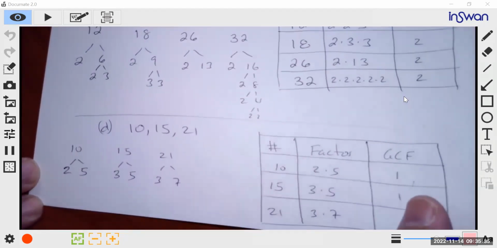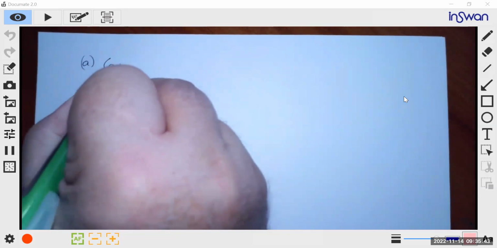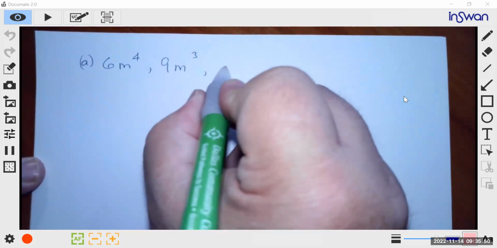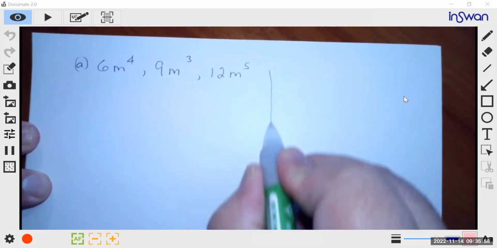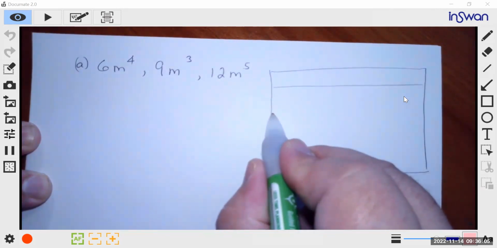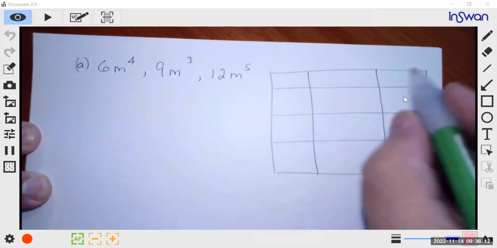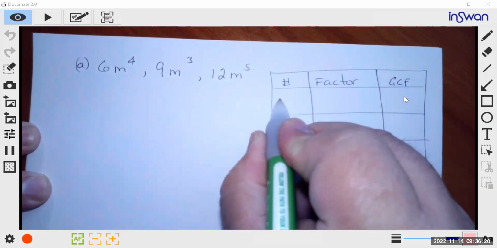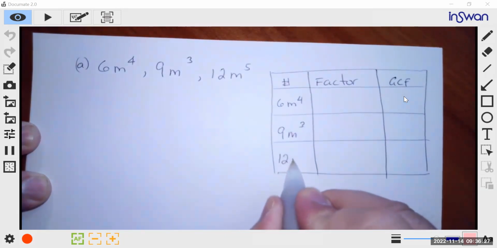Okay, let's look at numbers and letters now. 6m to the 4th, 9m cubed, 12m to the 5th. I create my little chart here.